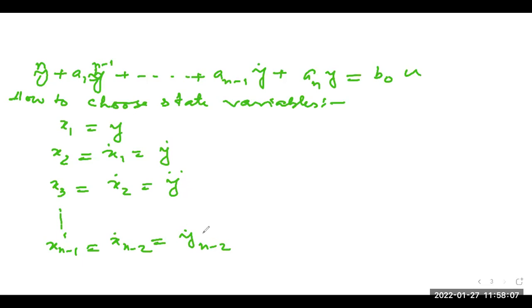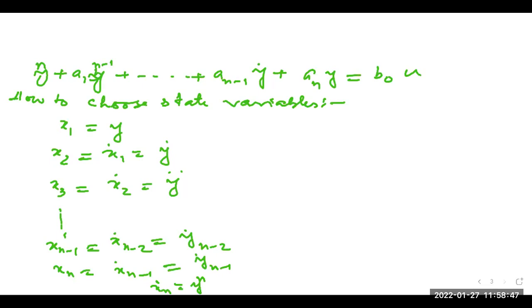Then xn will be equal to xn minus 1 dot, which will be equal to yn minus 1 dot, and this is xn dot equal to yn. Okay, this is clear. Yes, sir. Any doubt from anyone?